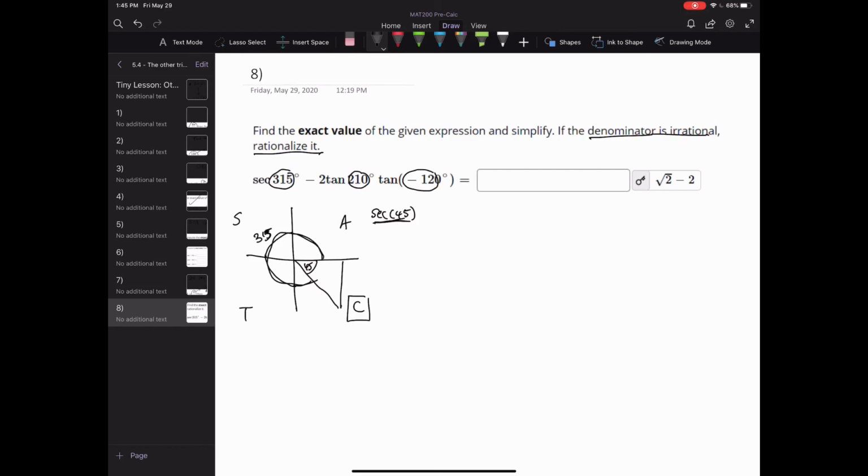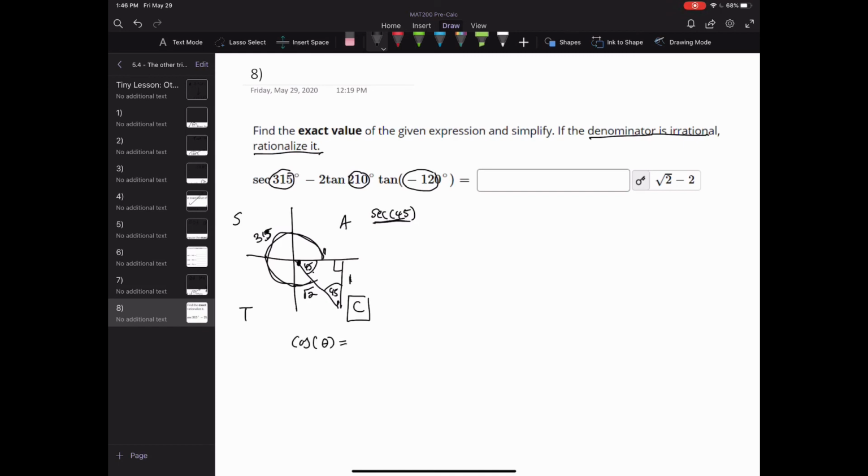If we have a 45, 45, 90 right triangle, the side across from the angle I'm focusing on is 1, the other leg is 1, and then the side across from the right angle is the square root of 2. Right, that's a 1, 1, square root of 2 triangle. So let's do cosine.